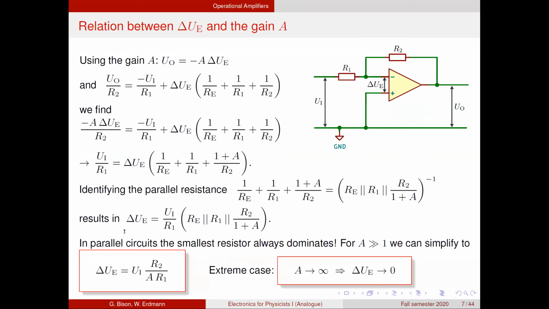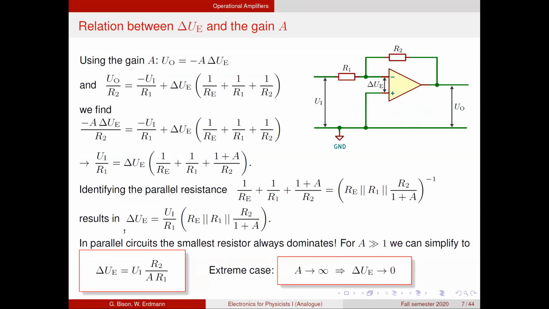And now what we can do is we take this inverting amplifier again, and we put all the amplifier, everything until the load resistor, into one package. And then we say, okay, we want to calculate what this combination of 3 resistors would look like if we replace it with an equivalent circuit where we have just one output internal resistance. Okay, and this is easily calculated.